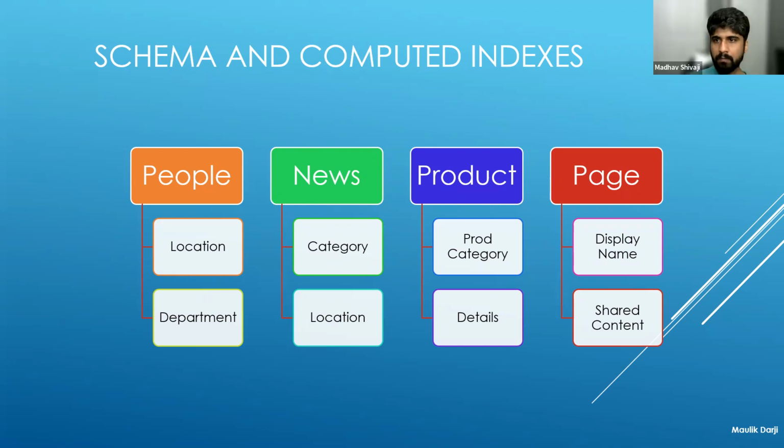Any other question? Hey, Maulik, I have a quick question. Just curious whether SearchStax also supports geo queries? Geo queries means geolocation, location based. Yeah, location based. But how location based do you want?